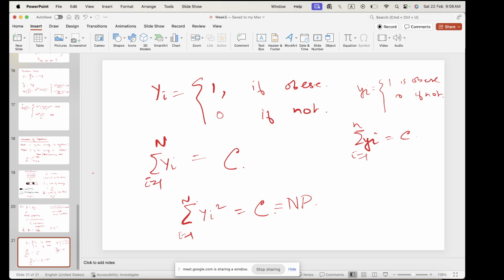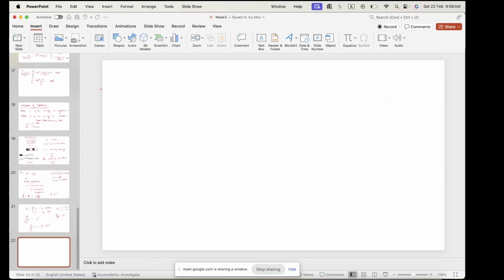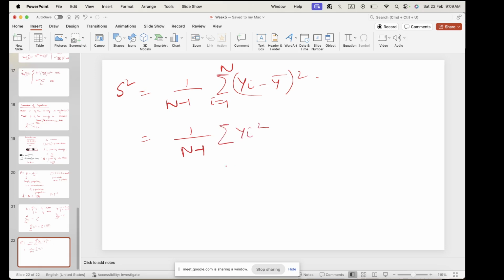So then the variance expression, that is capital S square, becomes 1 by n minus 1 summation i equal to 1 to n of yi minus y bar whole square. So this is 1 by n minus 1 into summation yi square minus n y bar square.